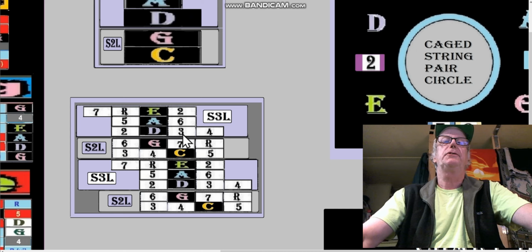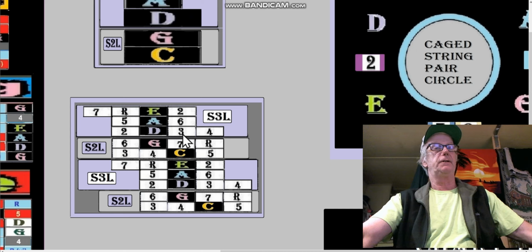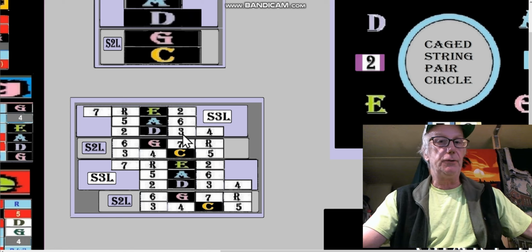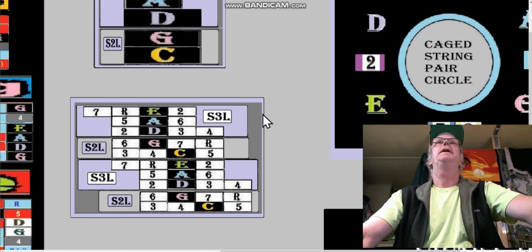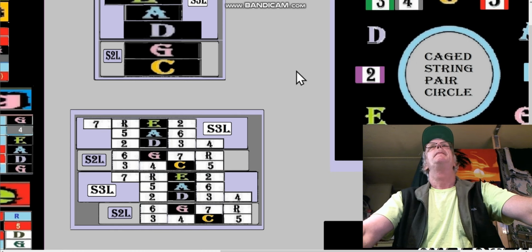So it has to be adjusted between the G string and the B string. That's why the B string is the B string, because the fourth of G is C, but it's down tuned, so it has to be adjusted to the right one. So anytime we go to that B string, we have to bring the pattern to the right one.